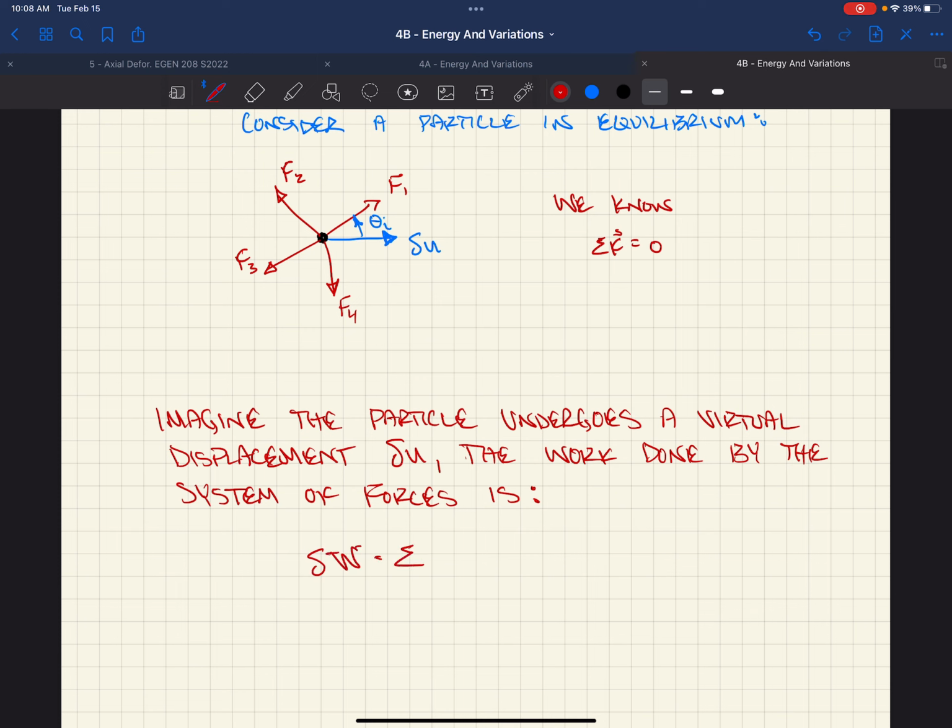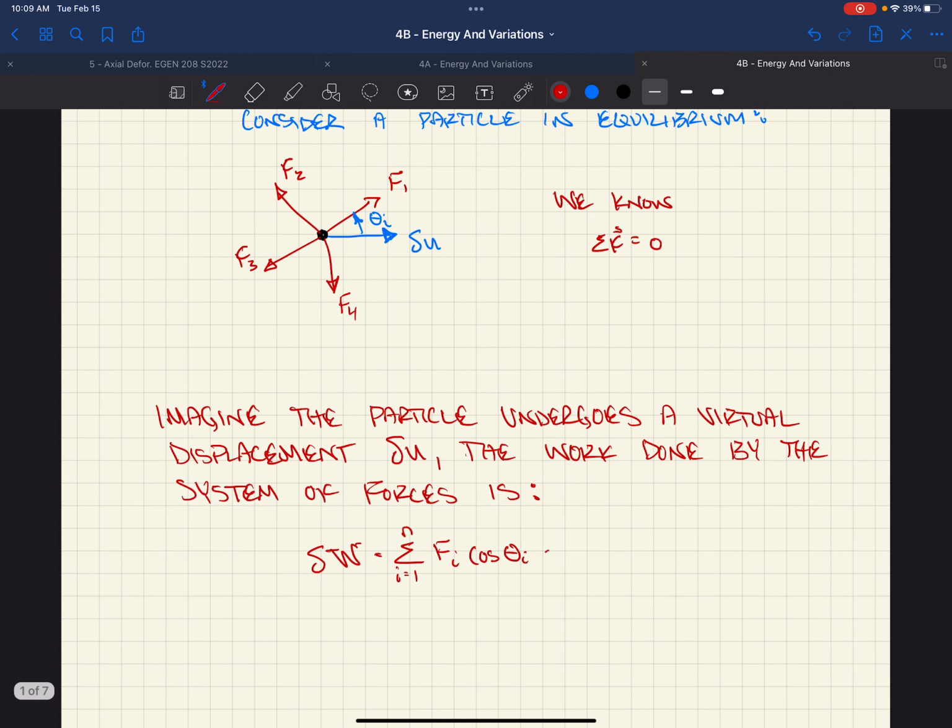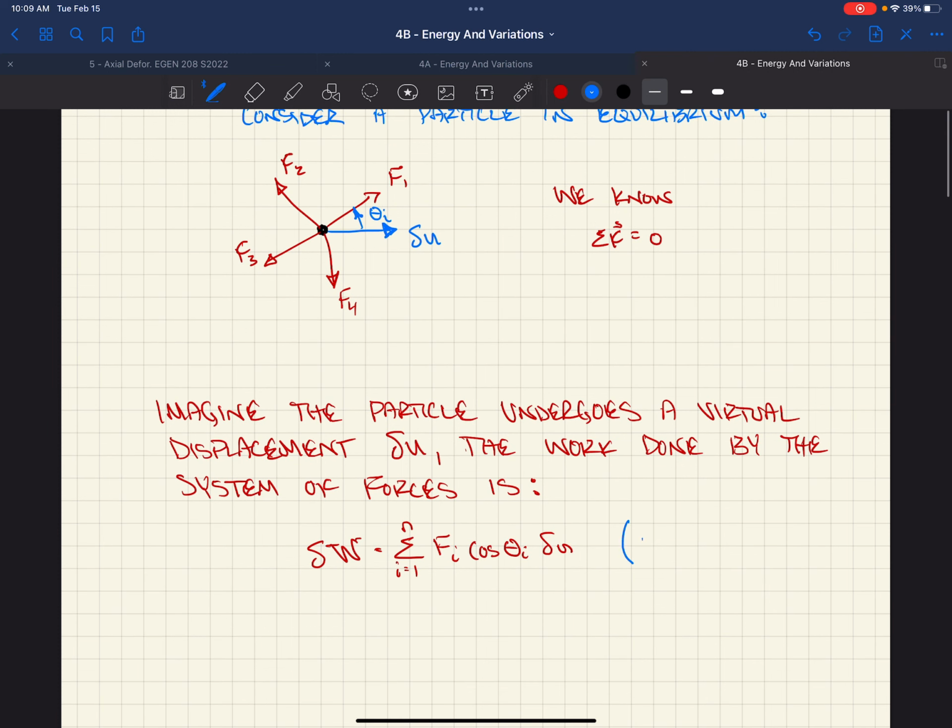And if we were to sum from our first particle to our nth particle of the force on that particle, F1, for instance, its contribution in the direction of the displacement would be cosine of that angle, times delta U. That would give us our work, because work is force times distance.